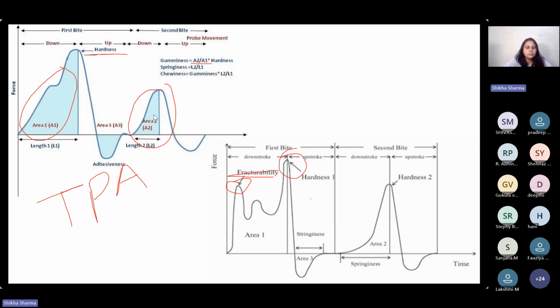Springiness is L2 divided by L1. Chewiness is gumminess times L2 divided by L1. Adhesiveness is the negative area, which is how much the food is adhered to the teeth or to the palate. So these are the textural properties.